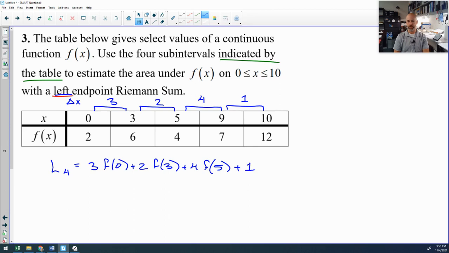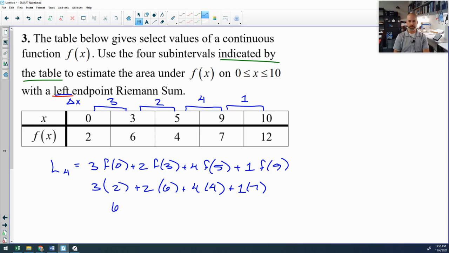And then my last rectangle, a base of 1, and the left side is 9. And we can pull these values from the table. f of 0 is 2. Plus 2, f of 3 is 6. f of 5 is 4. 4. And f of 9 is 7.